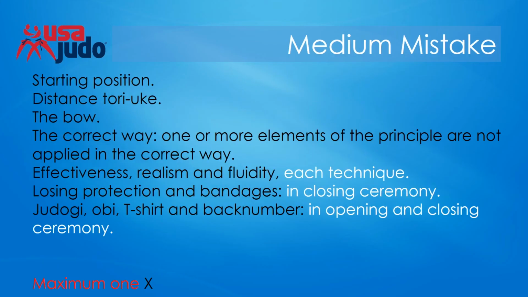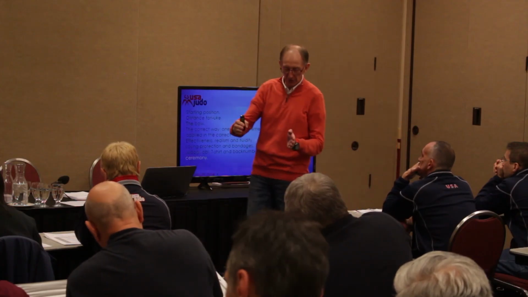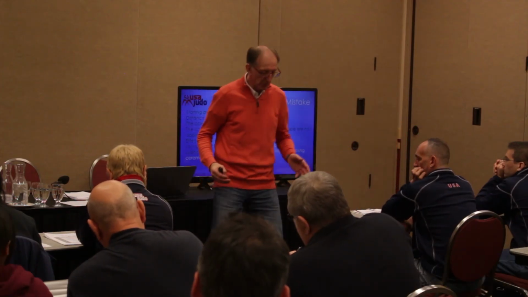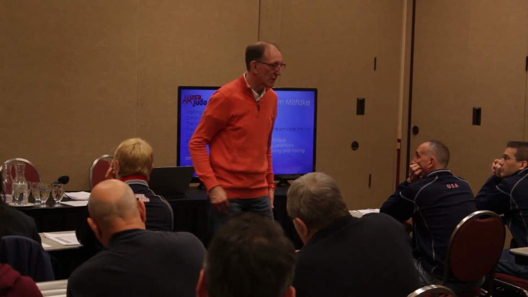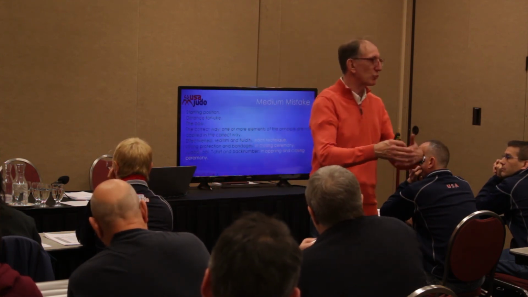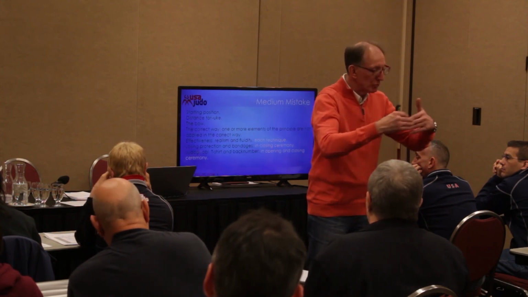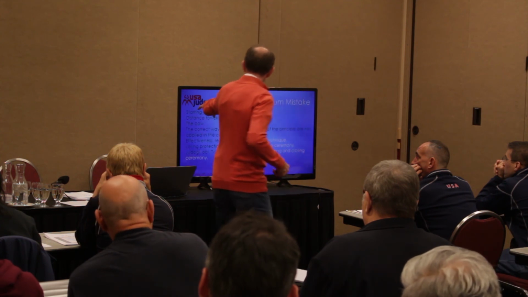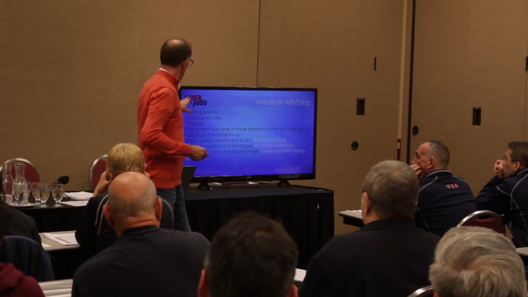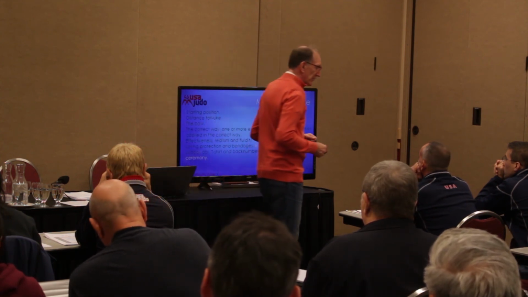Starting position. Here, starting position means that for Nage no Kata you have opened your kata and you have to go forward, and you go forward 2 or 3 steps, too far. So in this case, it means starting position. It's also a medium mistake.